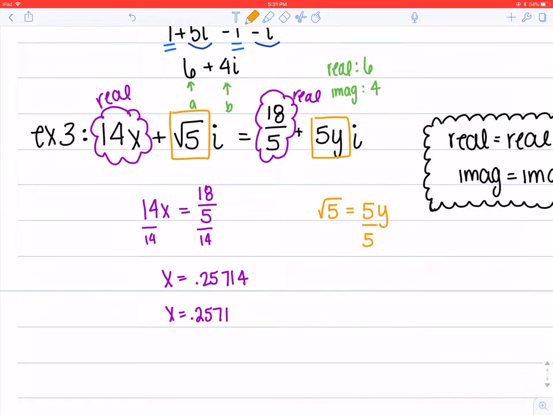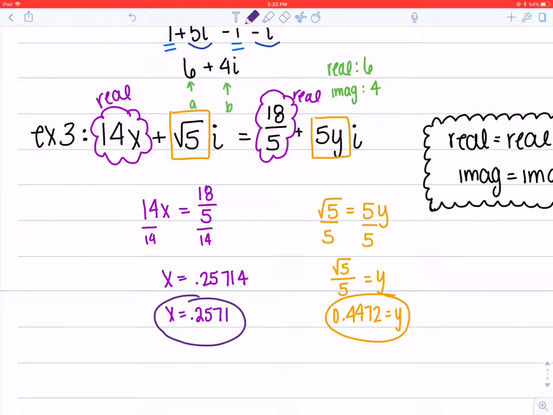So I'm going to divide by 5, and I could leave it as that, or I could get the decimal equivalent, which I got, 0.4472. So that's how you find x and y. You set the reals equal to the reals and the imaginaries equal to the imaginaries.